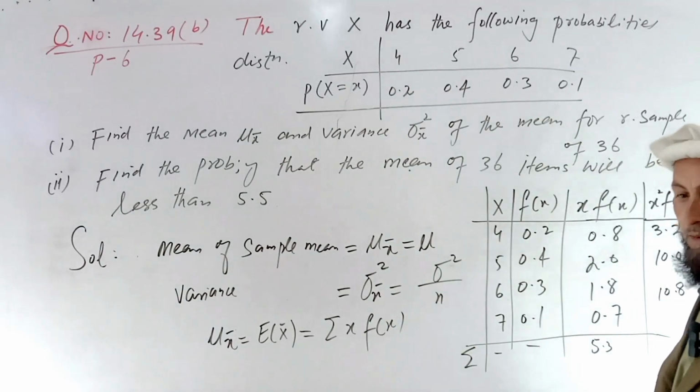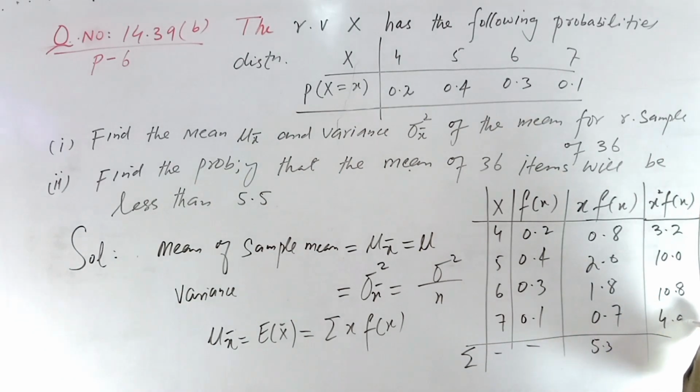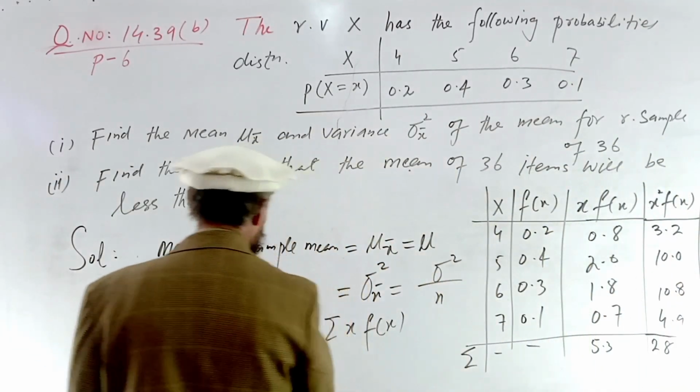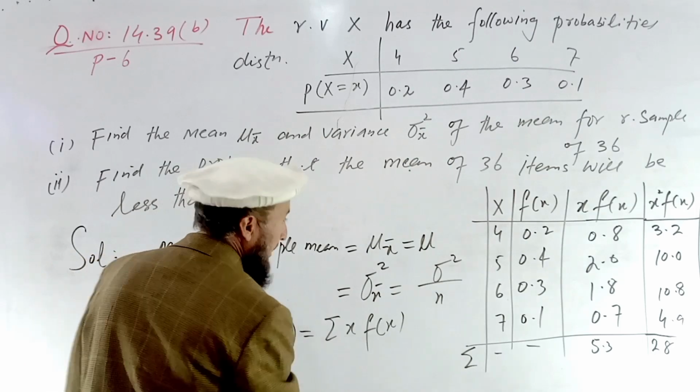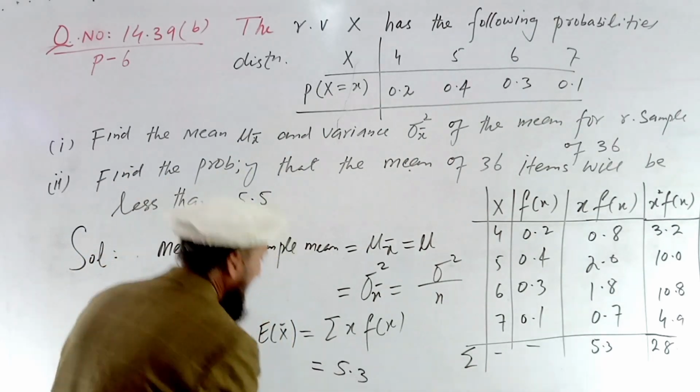And similarly, 49 multiplied by 0.1 gives 4.9. If we add this column, the summation is 28.9. And we have already calculated the mean, 5.3.